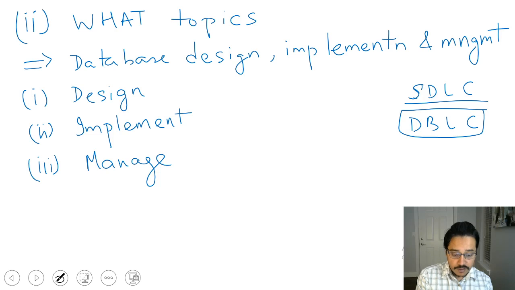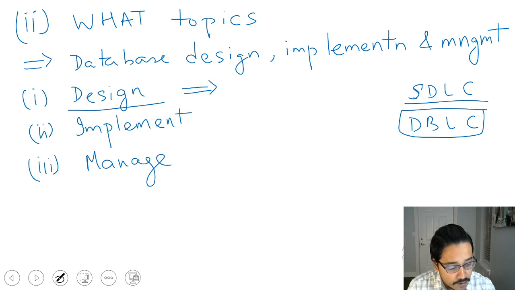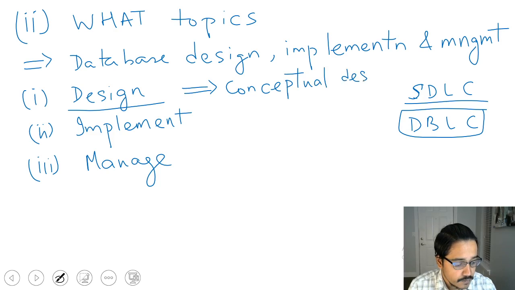So when you're trying to design a database, the first thing that you have to ask yourself is what is the scope of your problem? And that is known as generating the conceptual design of a database.